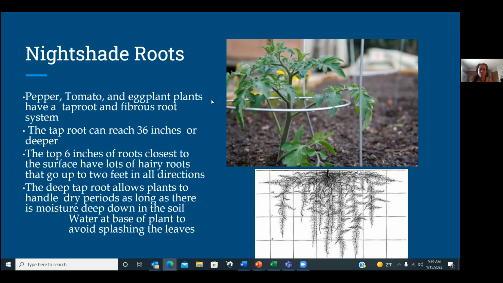Especially with tomatoes and peppers, water at the base of the plant so you're not getting water on the leaves, because that will spread more disease on the tomato plants. What you can do is prune some of the leaves on the very bottom of the plant to avoid those bottom leaves getting wet and diseased and then spreading disease to the other parts of the tomato plant.